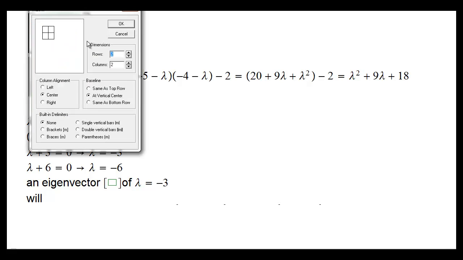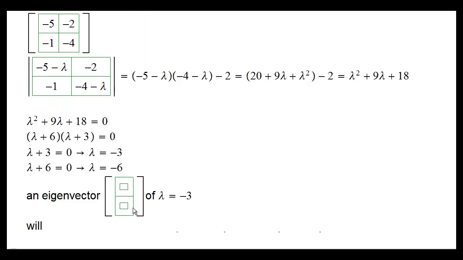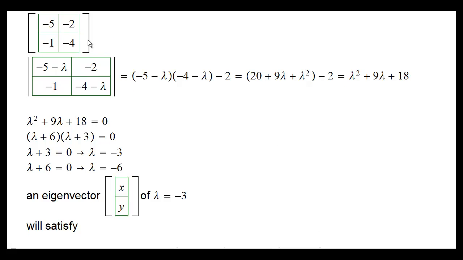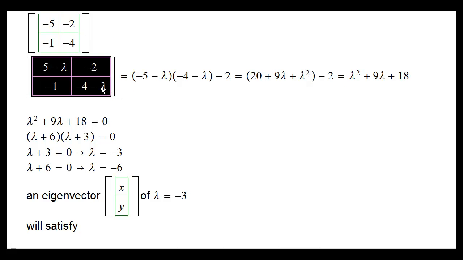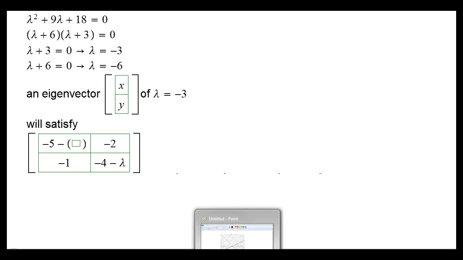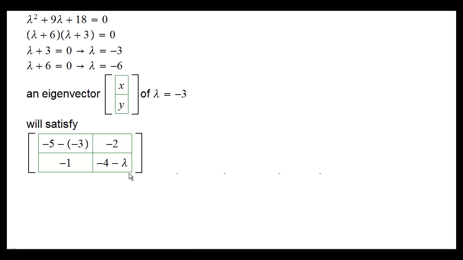So say we are taking our eigenvector as x, y here, all right, so that will satisfy this equation. One moment please, let's make a matrix equation here, okay, and we will replace lambda by -3 because that's what we are looking at, all right.